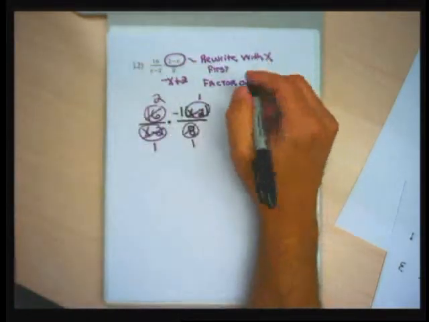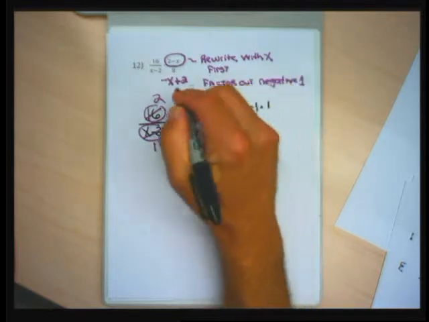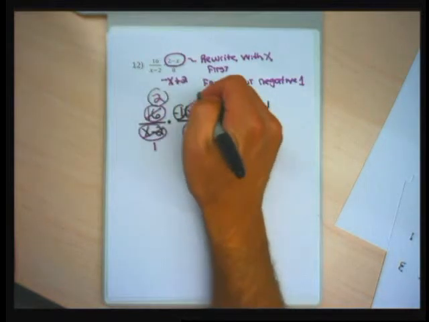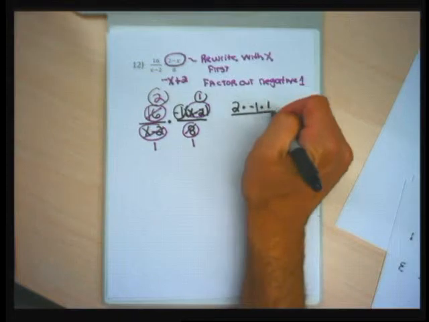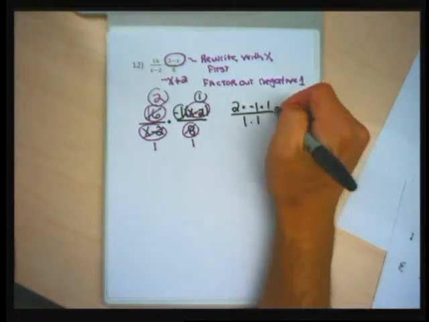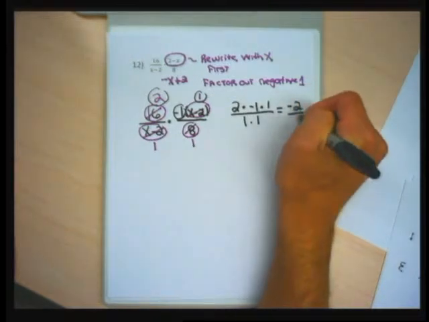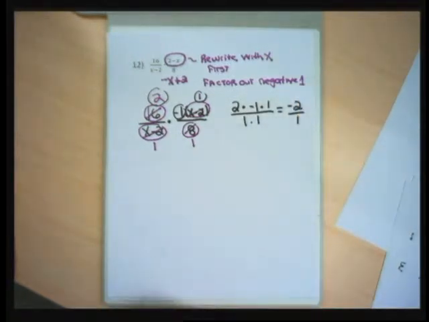What's left in the numerator is 2 times negative 1 times 1. That's this 2, this negative 1, and that 1. And in the denominator, I have 1 times 1. If I multiply out the numerator, positive times a negative is a negative. It multiplies out to be negative 2. The denominator multiplies out to be 1.